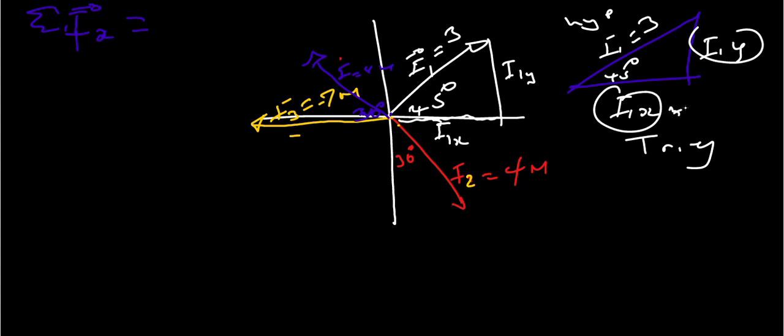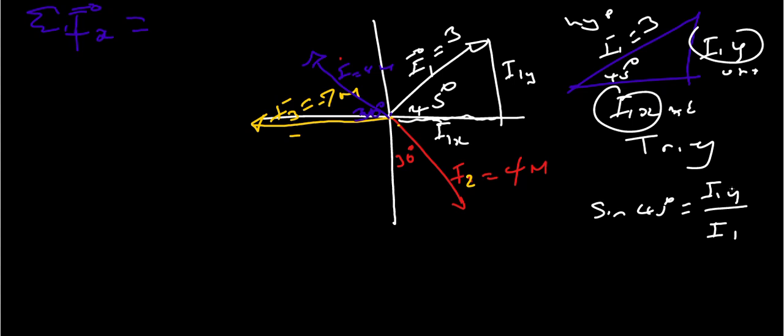So this is the adjacent, and this is the opposite side. So we say sine of 45 degrees equals, remember, F1 is our hypotenuse and F1y is our opposite, so we have F1y over F1.